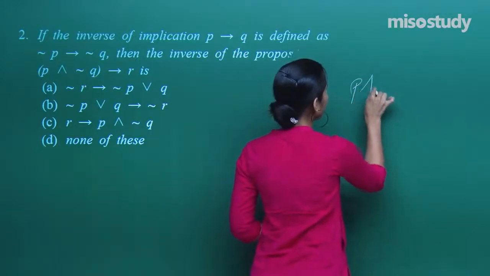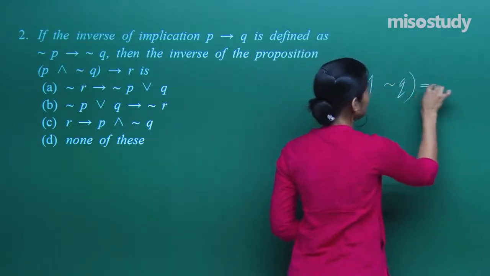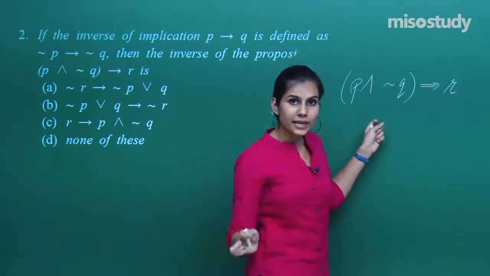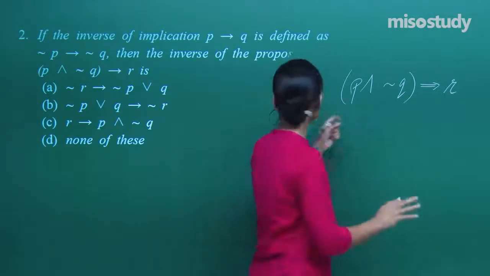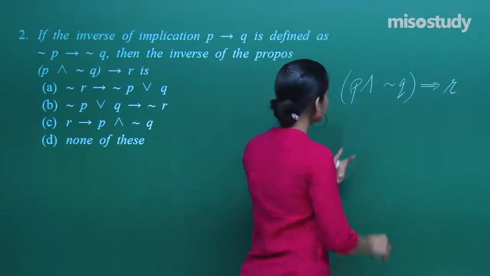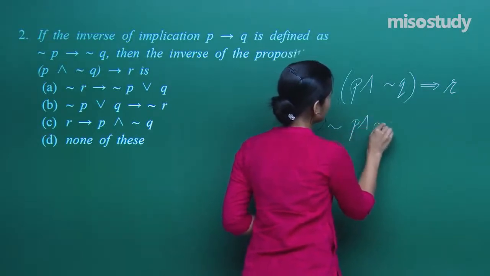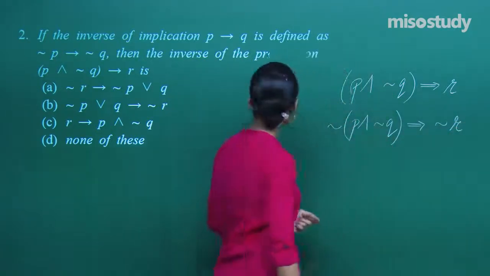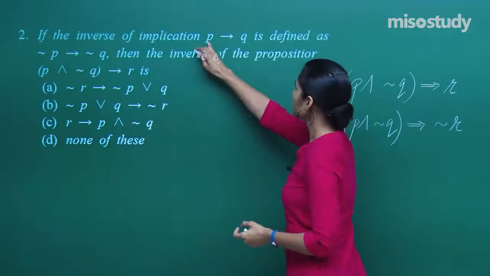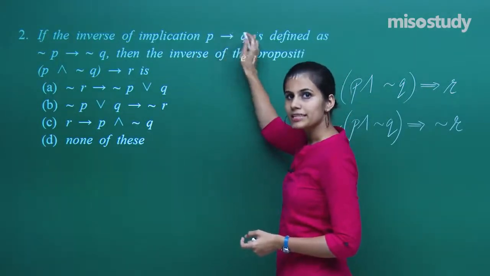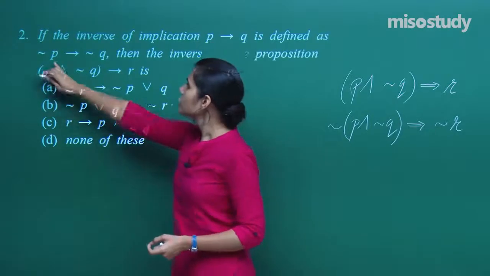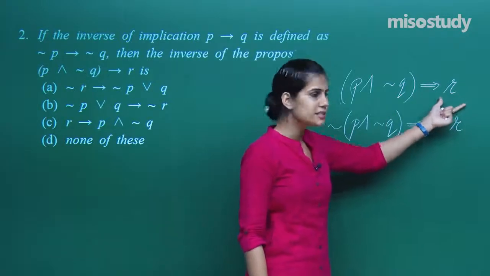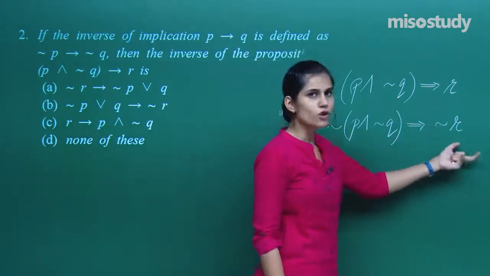If the inverse of P implies Q is not P implies not Q, then the inverse of this statement will be not of this implies not of R. The first statement implies the second statement; its inverse is not of the first statement implies not of the second statement.